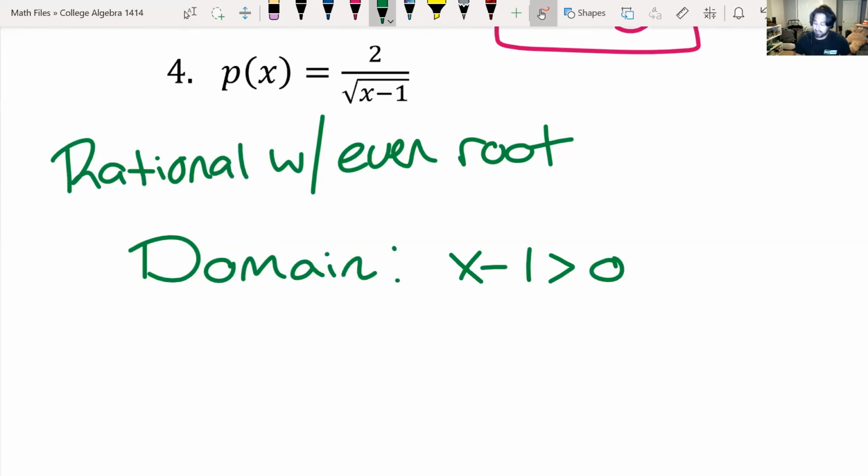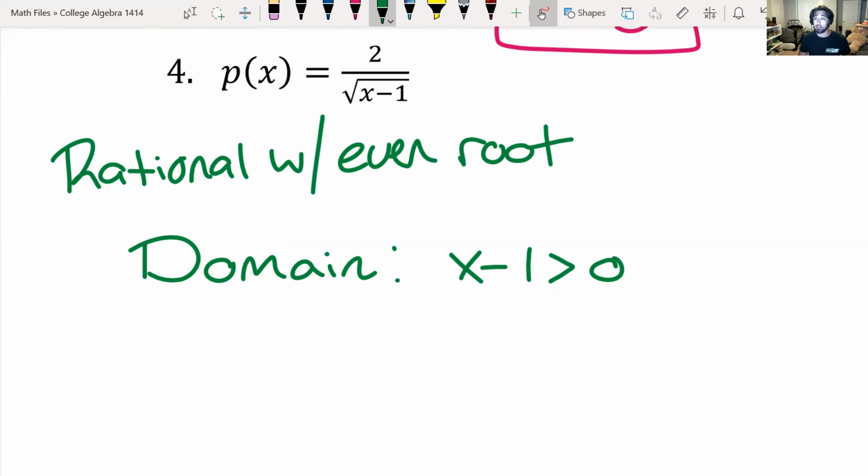Why can't we set it greater than or equal to 0 like the one above it? The reason is this radical is in the denominator. And what number can never be in the denominator? 0. So that's why we can never set it greater than or equal to 0 when it's in the denominator.